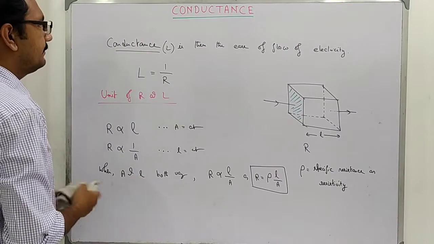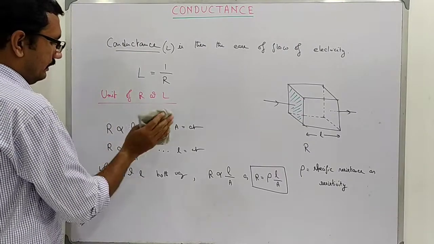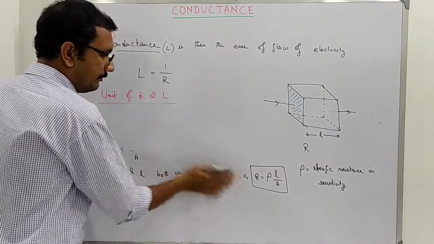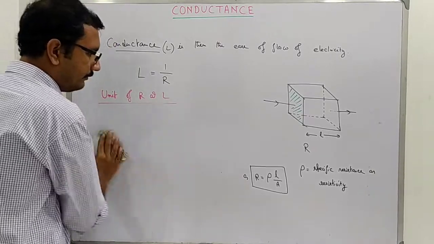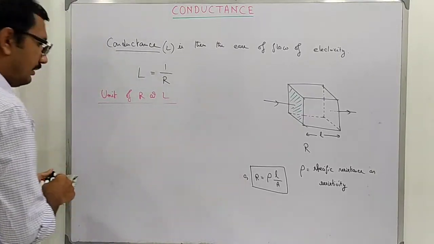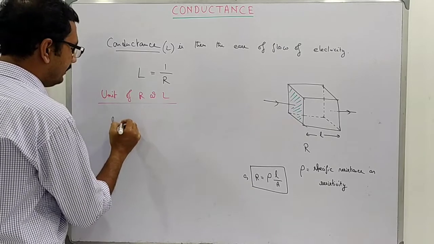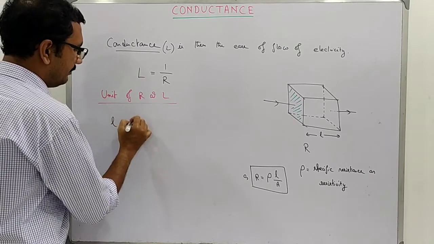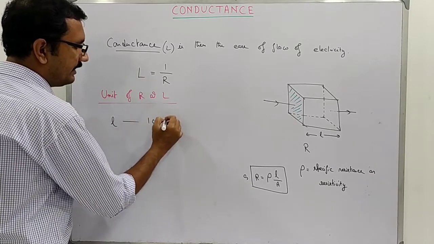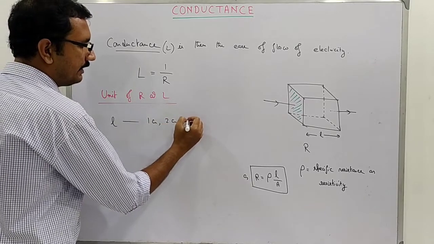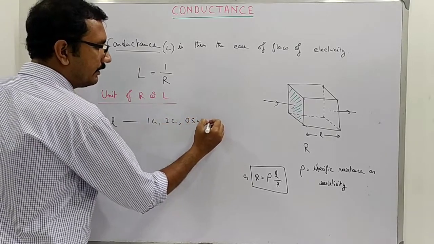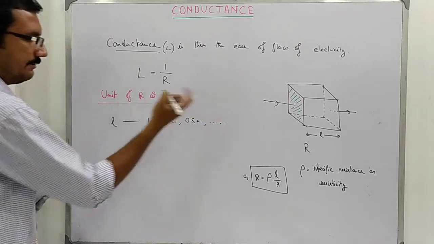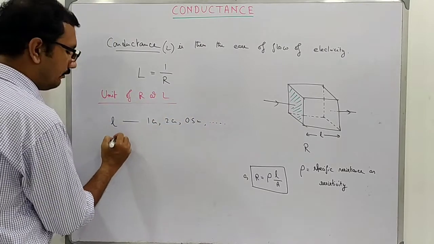What does this imply? Now, you see L may take any values, it may be 1 centimeter, it may be 2 centimeter, it may be 0.5 meter, L may take any values. Now, what is the value of A?